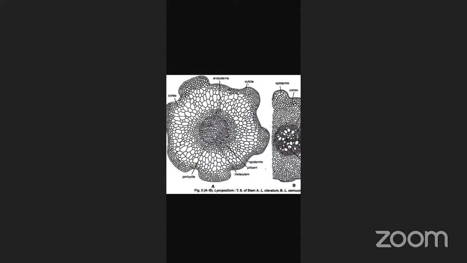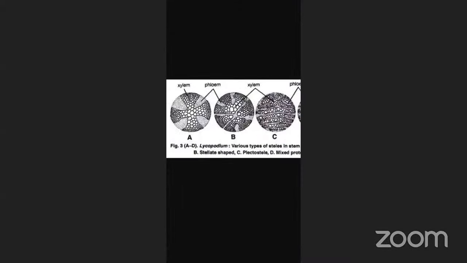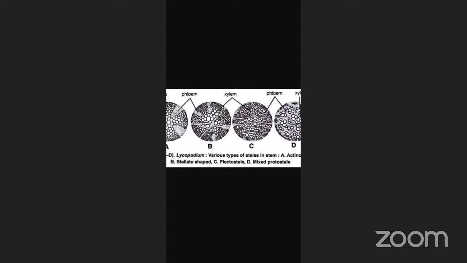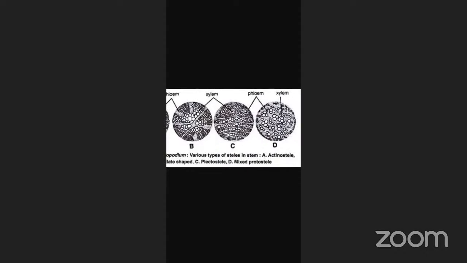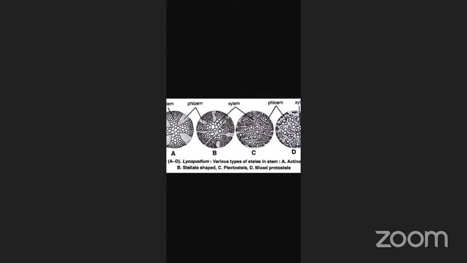See this diagram: different types of steles are present in the lycopodiums. This one is the actinostele, with the xylem centrally surrounded by the phloem. Actinostele, plectostele, and mixed protostele are like these structures.